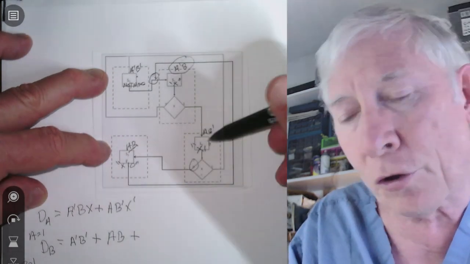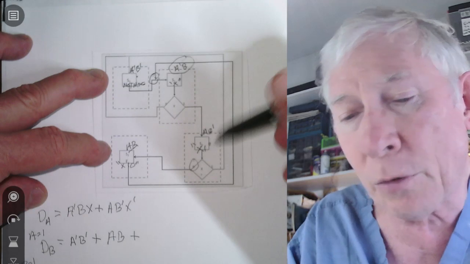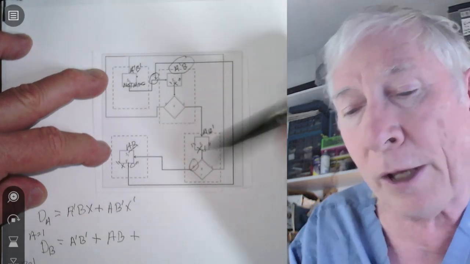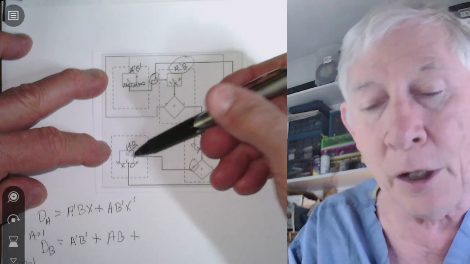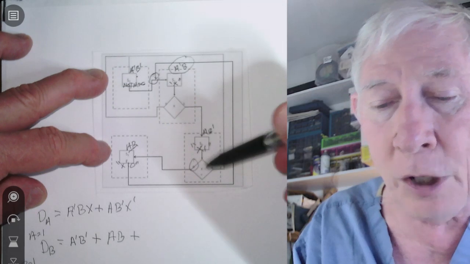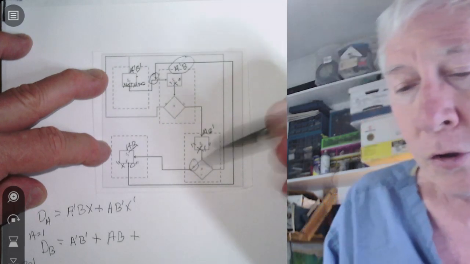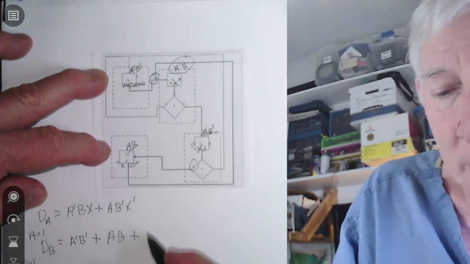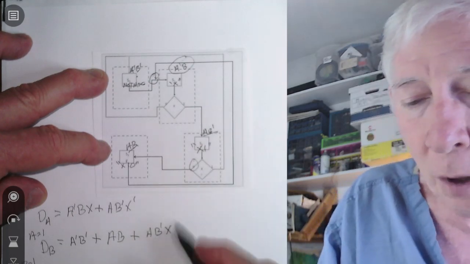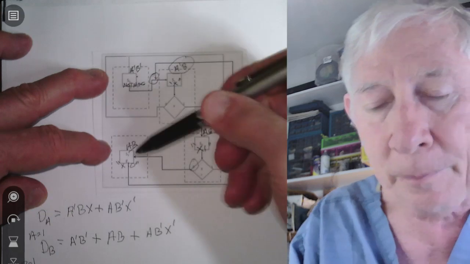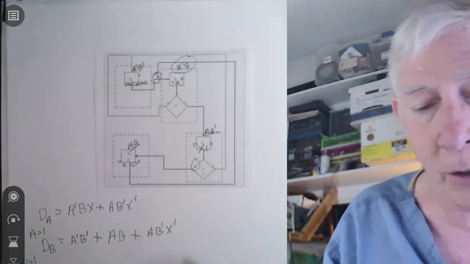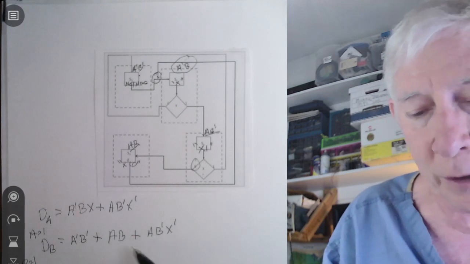Well, in S2, B is a 0, so we're not going to worry about that. But in S3, B is 1, so we have to account for every path into S3. There's only one path in. It comes from S2, when X is 0. So S2 is A, B prime, and X prime, because X is 0 when it comes in. So now we have this, and we can't simplify either one of these, I don't think.